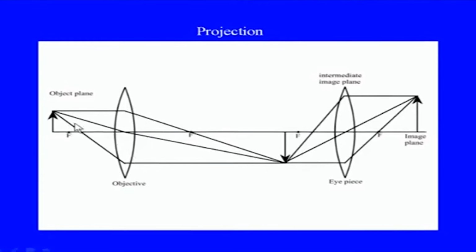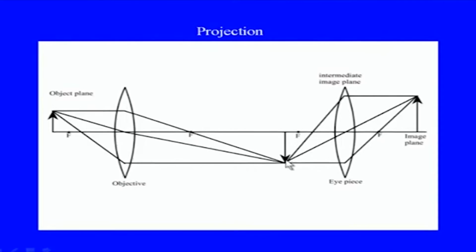Now, supposing there is no direct viewing, like you are not observing the image directly, but you would like to record the image for permanent storage, or viewing it later or analyzing it later, then a little difference has to be put in here. The main difference is that earlier the intermediate image plane was within the focal length of the eyepiece, that is, it was smaller than one focal length of the eyepiece, but now it is a little farther than the eyepiece focal length.